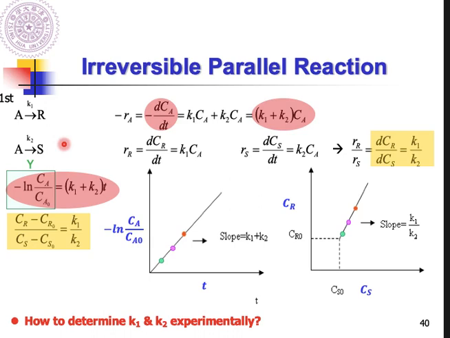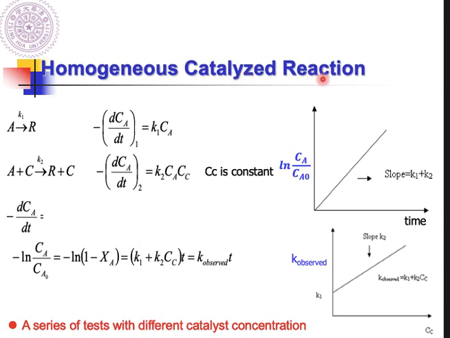And in the next slide, I'm going to show you another example, the homogeneous catalyzed reaction. Homogeneous means the reaction only involves one phase, right? And catalyzed reaction means I add some catalyst to lower the activation energy, which can speed up the reaction rate. So in this case, I assume these two reactions happen.